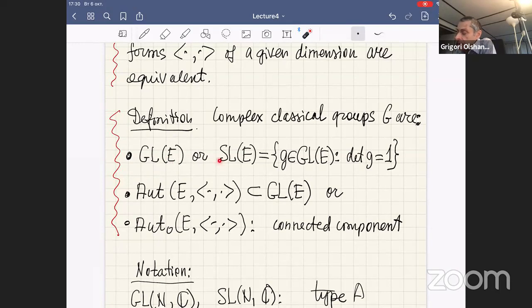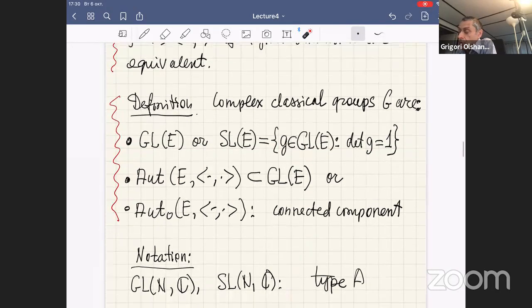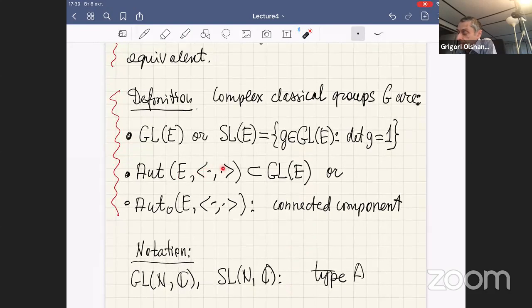Or sometimes people prefer to deal with the special linear groups, the elements with determinant equal to 1. And this is type A objects. And the type BCD objects are related to a form. So we fix a form.